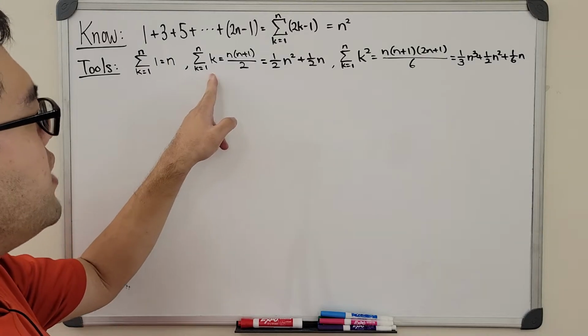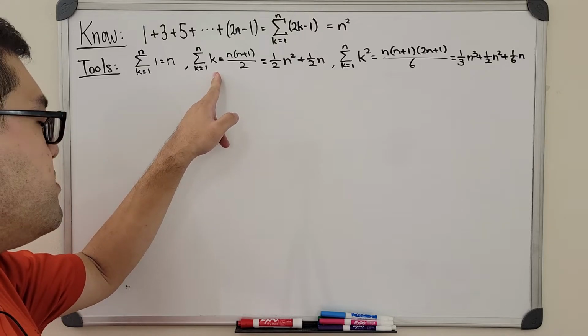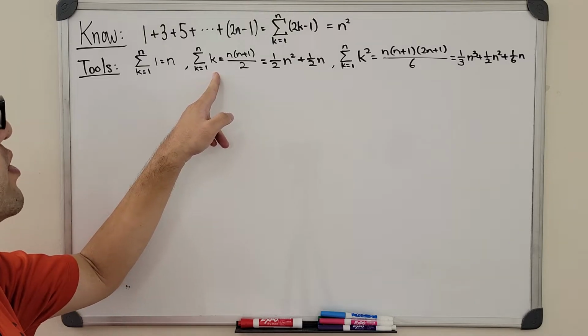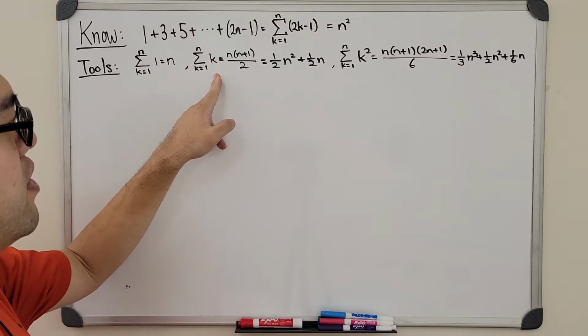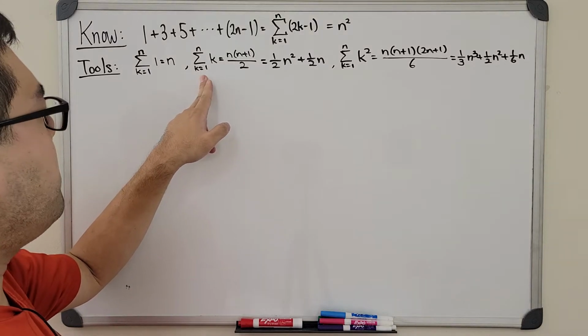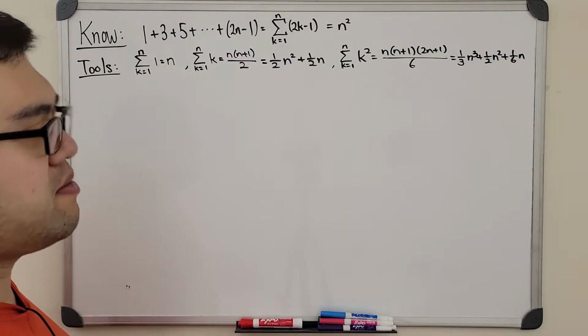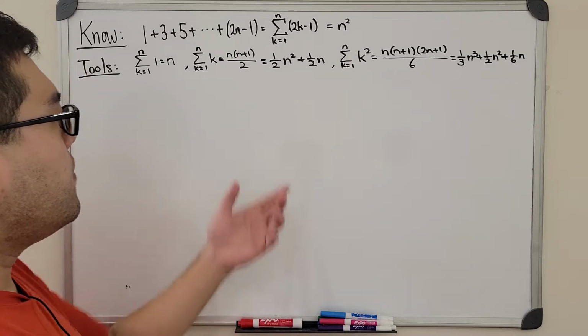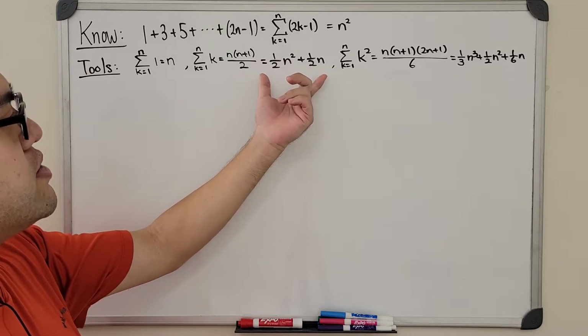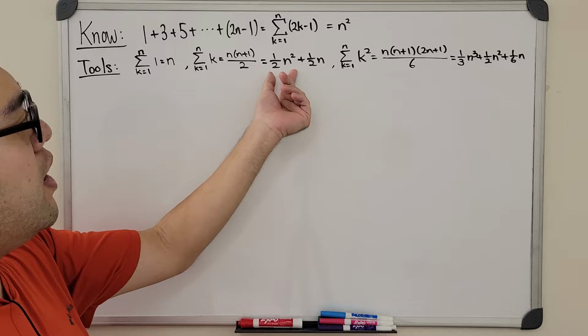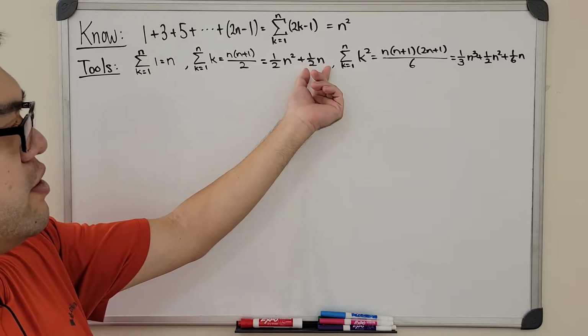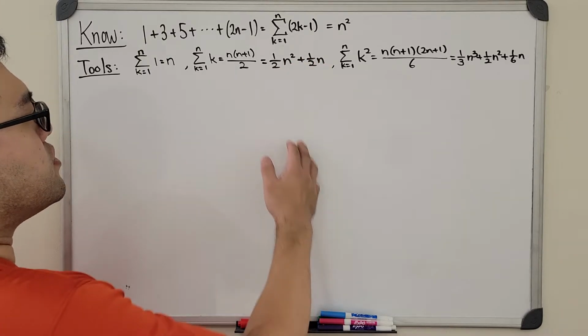Next, we're going to add up the first n terms of the natural numbers, meaning that we're starting from 1 plus 2 plus 3 all the way up to the nth term, which is n. And the result will be the following expression: n times n plus 1 over 2, but we can also rewrite it as two terms, the square term and the linear term. Good.